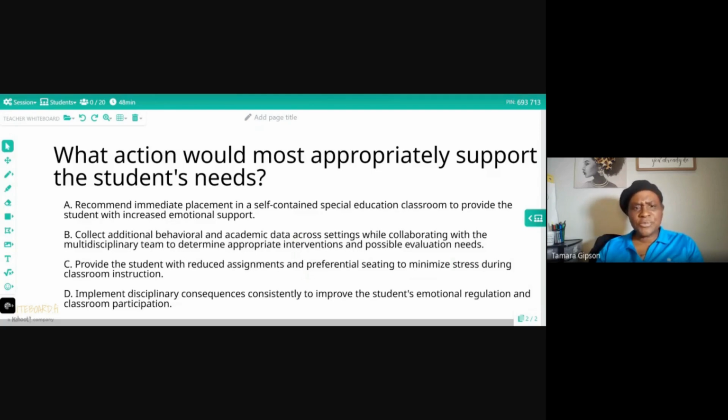Or maybe it is to provide the student with reduced assignments and preferential seating to minimize stress during classroom instruction. And then our last choice that we have is D, to implement disciplinary consequences consistently to improve the student's emotional regulation and classroom participation.